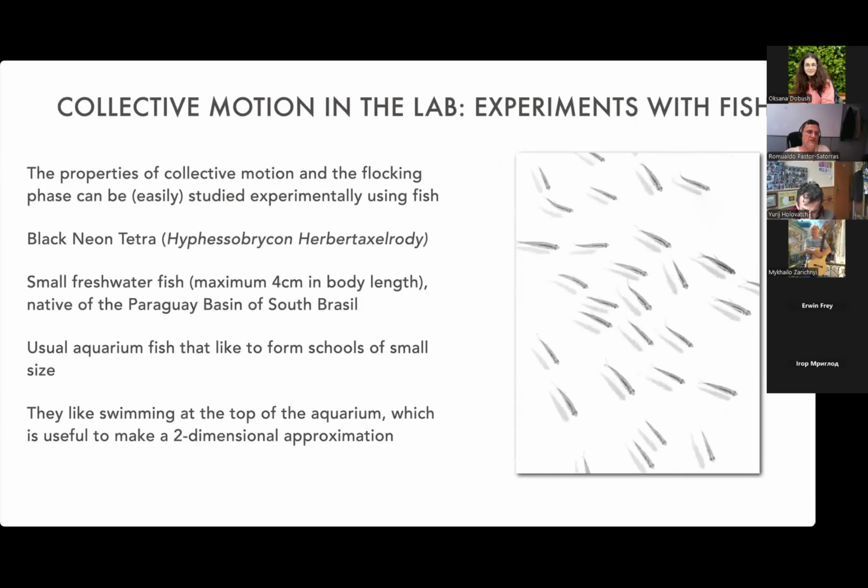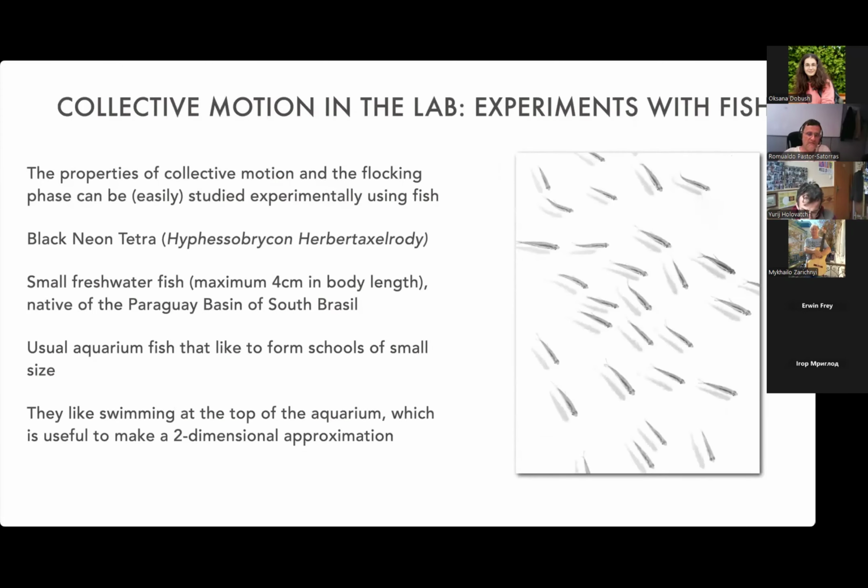Okay, since this is a very important issue in the study of animal movement, let's devote some minutes to explaining how one of these experimental data-gathering techniques works. Especially, I will introduce you to the experiments with fish.